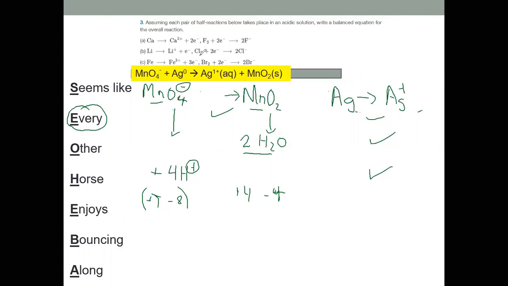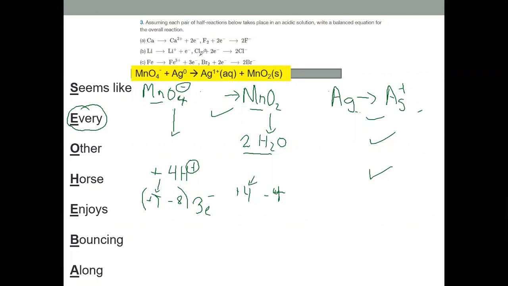All right, so we have a manganese with a +7 on this side, and we have a +4 here. So therefore, we're going to need 3 electrons to be added to this side of the equation to give us the right charge, if you will, on that side of the equation. Okay. All right. So we're going to add 3 electrons there.